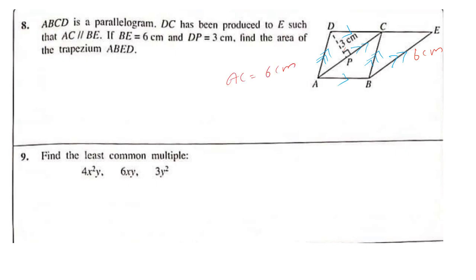So we can find out that the area of ADC is equal to half into base into height. That is, base is 6, height is 3. And since ABCD is a parallelogram, this area is also equal to that.